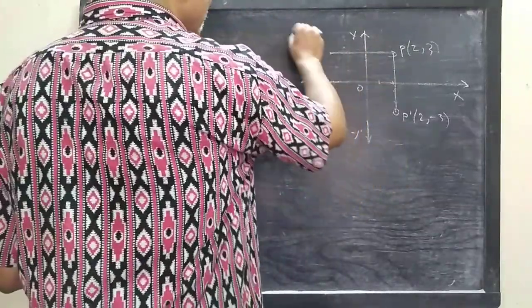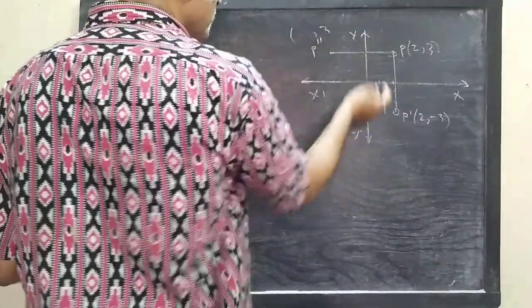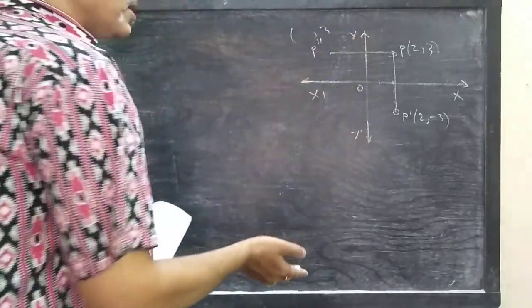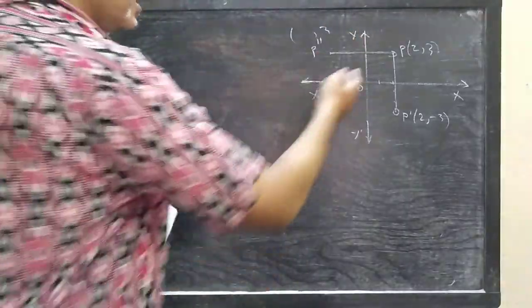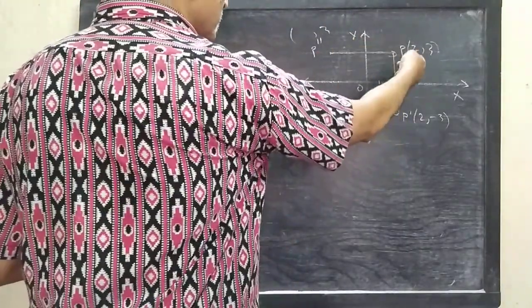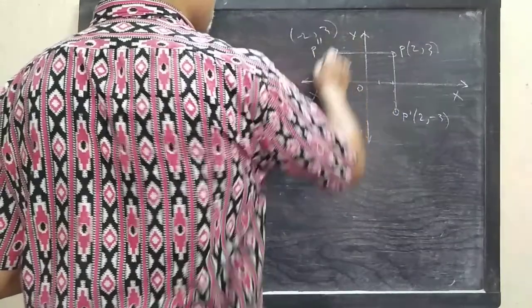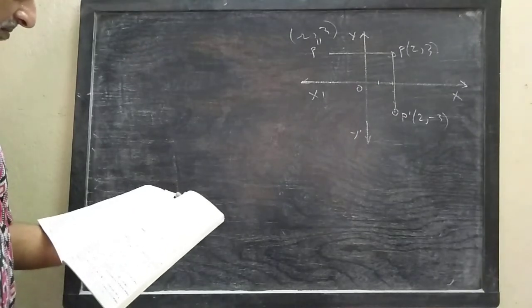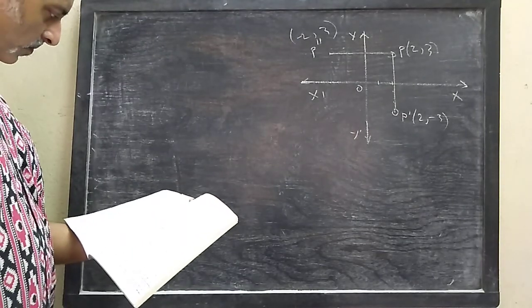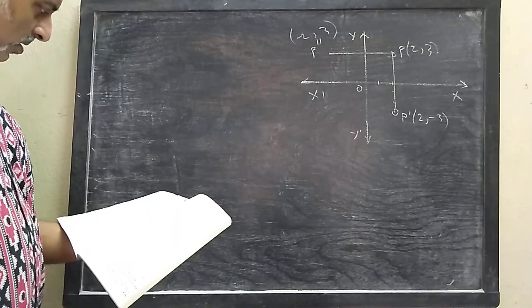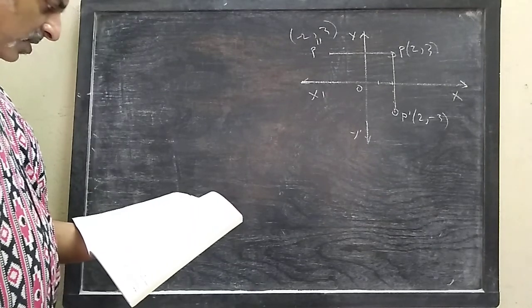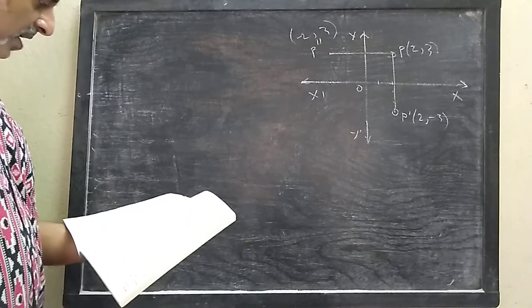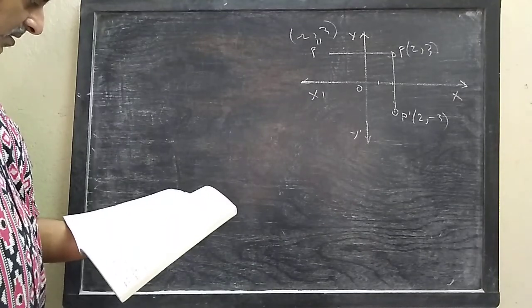Look, ordinate remains fixed because they are at the same distance from the x-axis, and the abscissa will be negative. This is plus 2, this will be minus 2. So you get P double dash as minus 2, 3. You have got the coordinates of P double dash, which is reflection of P in y-axis.